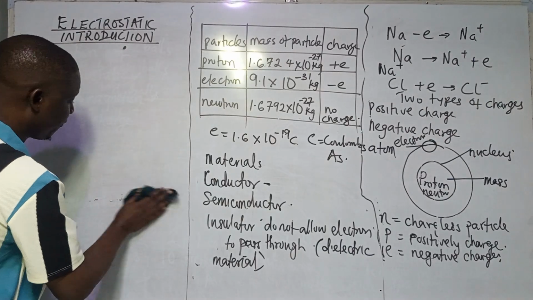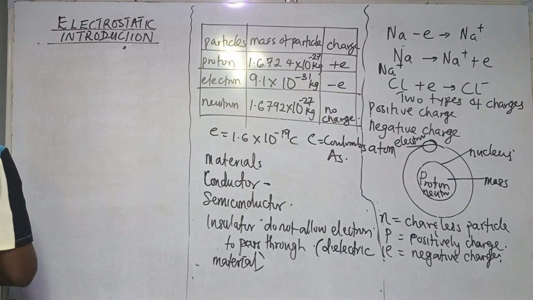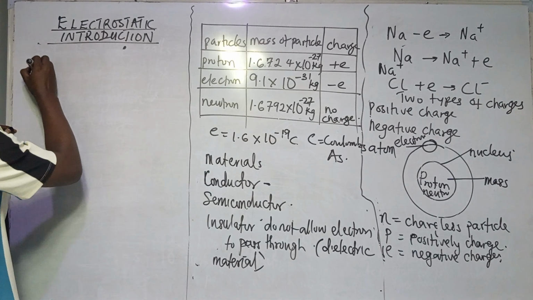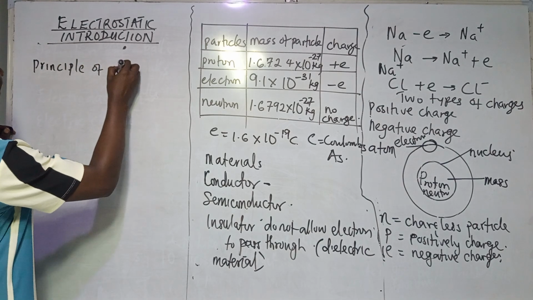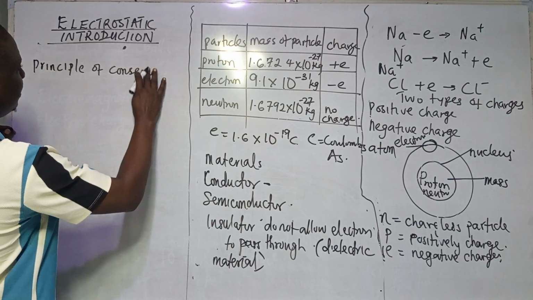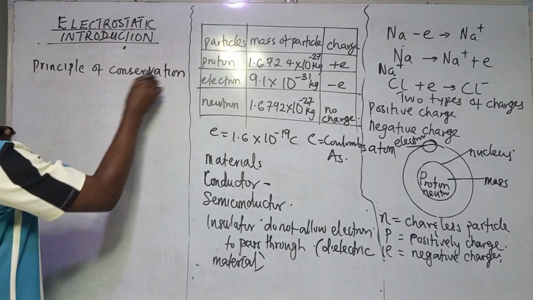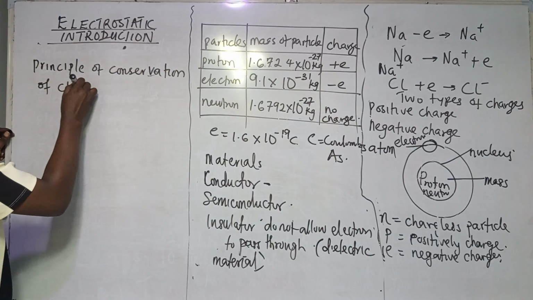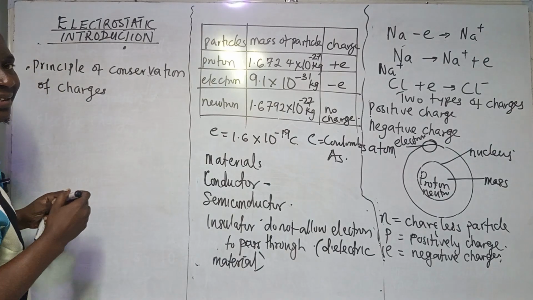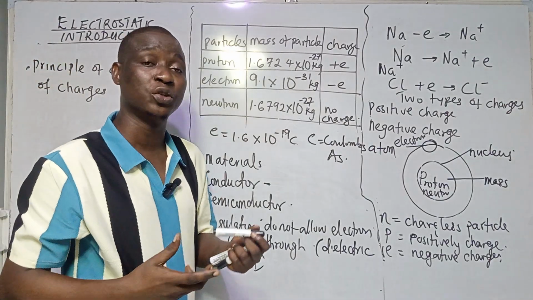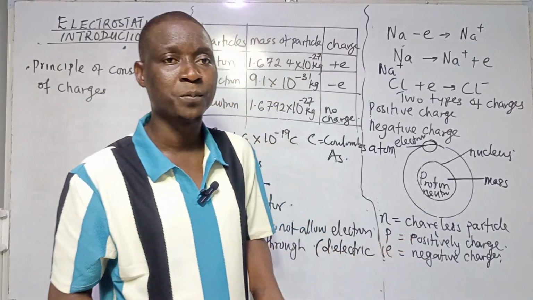Now, the first one I will talk about is the principle of conservation of charge. The principle of conservation of charges says that charges can neither be created nor destroyed, but can be transferred from one body to another.